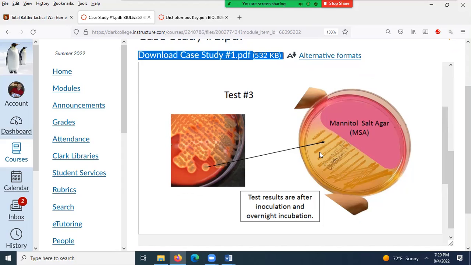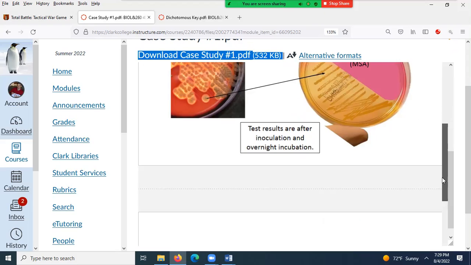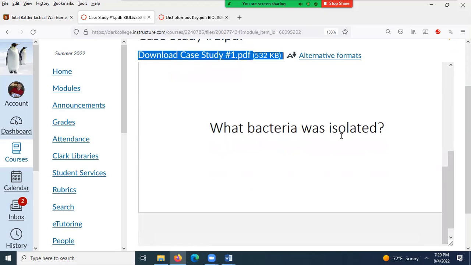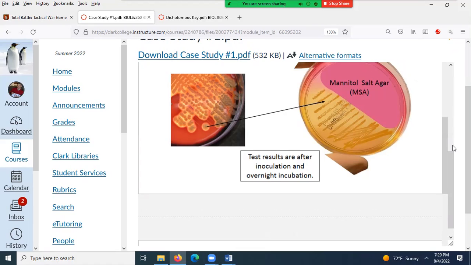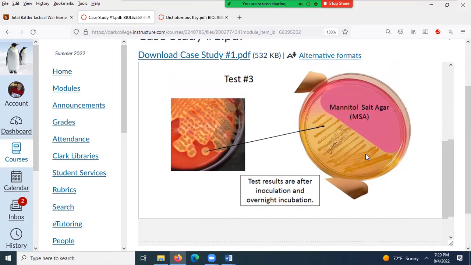I don't believe we talked about mannitol salt agar in this lab. And then what bacteria was isolated? In a previous lab, I think we talked about mannitol salt agar. So you'll need to go and look at what mannitol salt agar does.